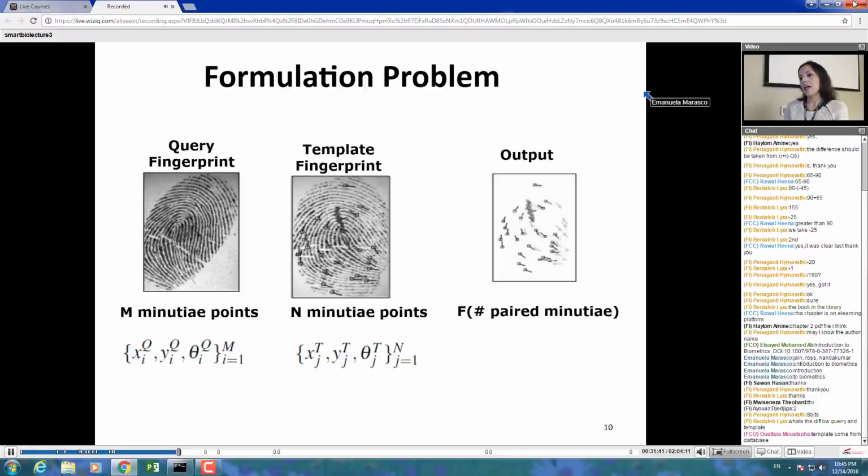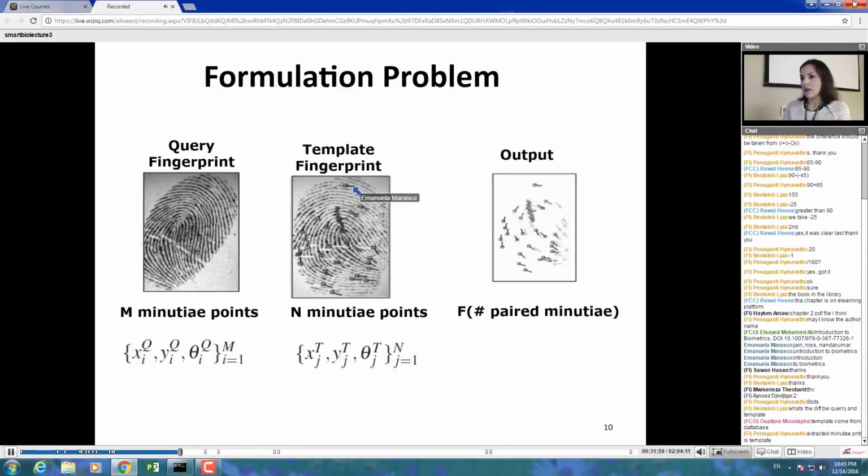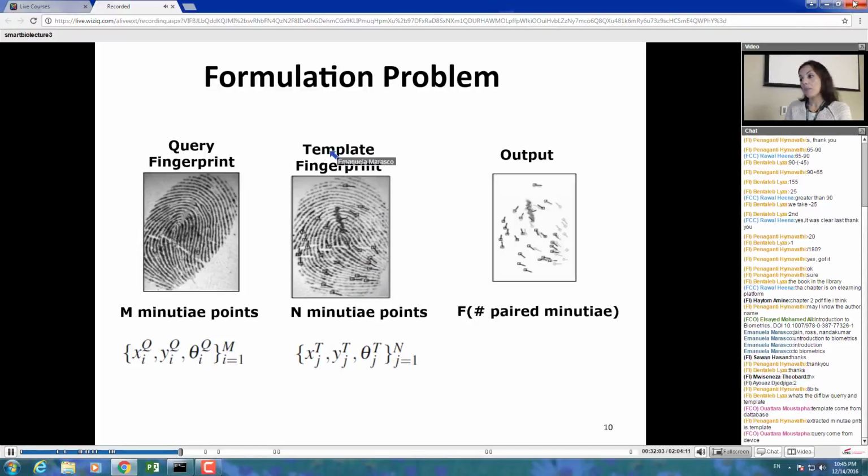The query is the fingerprint input at the verification time. At this point, I can explain using the architecture. So the template is the set of minutia points extracted during enrollment and stored in the database with a label. The label is the identity of the person.